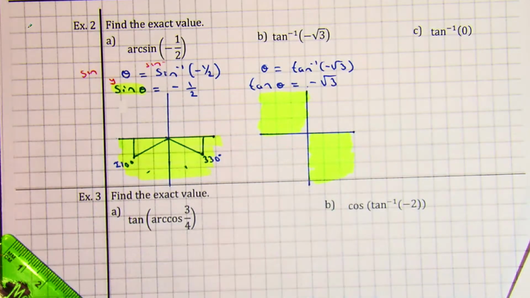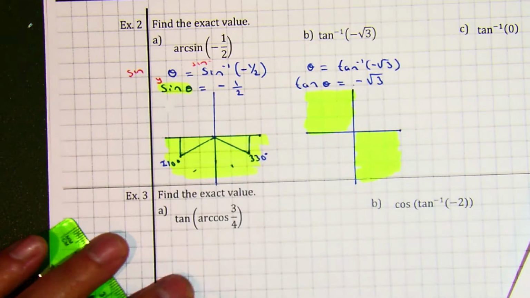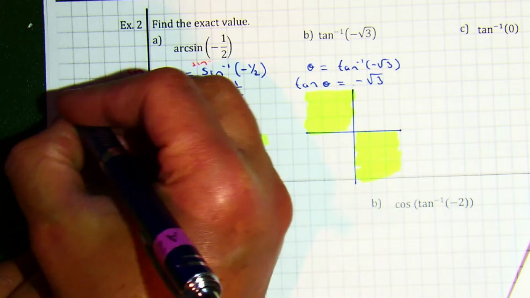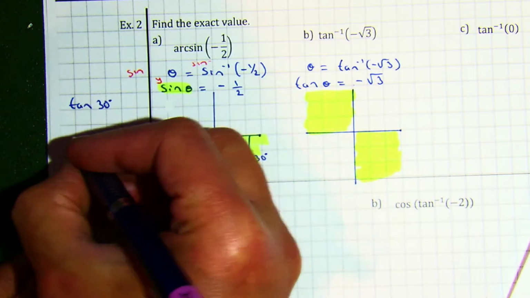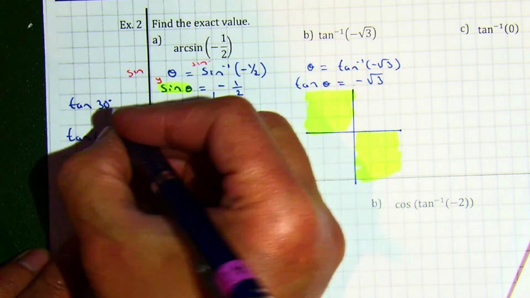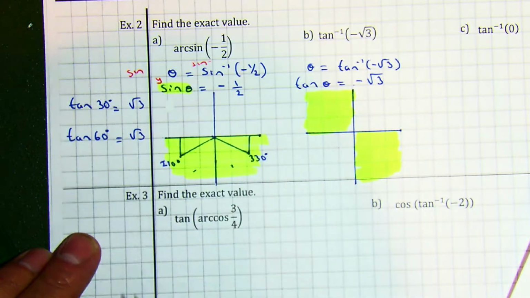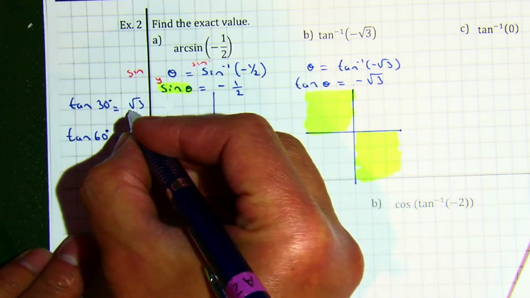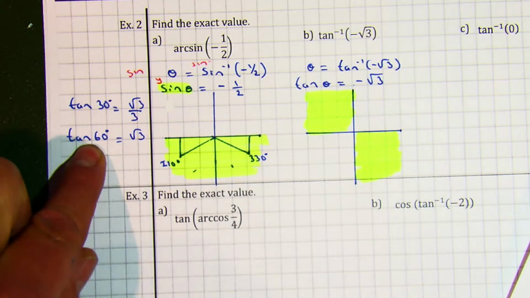And do you remember, square root of 3, is that your 30 or your 60? So it's something that you need to be able to keep in mind, and you need to be able to memorize. Tangent of 30 versus tangent of 60. I know that they both are going to be square root of 3. Which is the smaller one? 30 degrees. So that one gets divided by 3. So therefore, that will be a reference angle of 60 degrees.